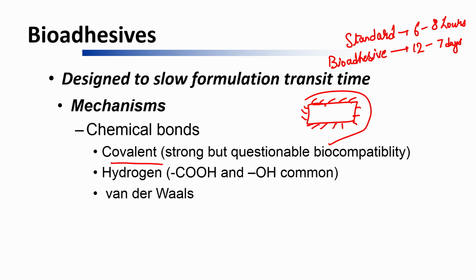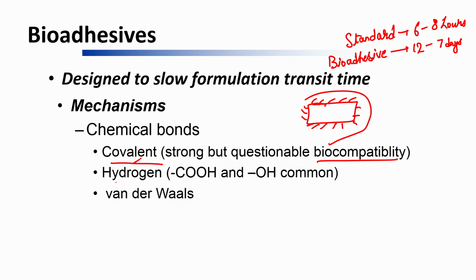Instead of just going out all the way down the intestine, they get stuck at one of those walls and form a covalent bond. The problem with that is there is always questionable biocompatibility, because if these groups are so reactive, then they can also react with some important receptors, with some important proteins that might be needed for your normal functioning. So, this is not usually a strategy people adopt.